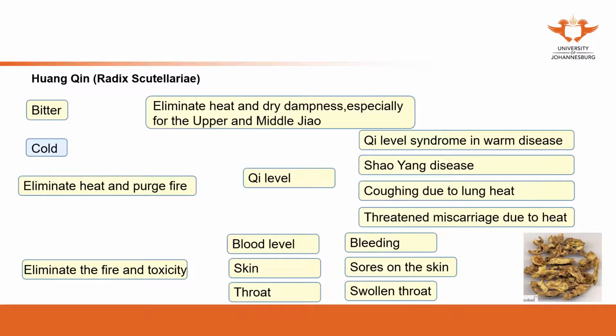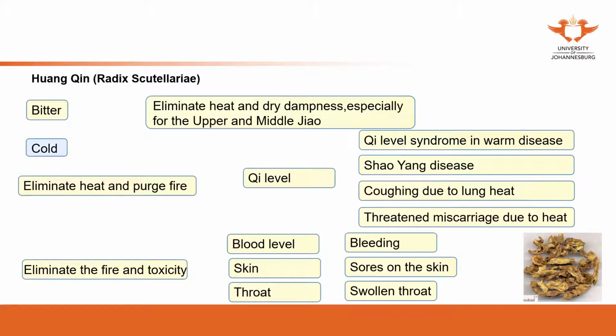黄芩, bitter and cold, eliminates heat and dries dampness, especially in the upper and middle jiao. When we study the materia medica, we compare 黄芩, 黄连, 黄柏. One is for the upper and middle jiao, another for the middle jiao, and the other for the lower jiao. These are the differences among these three herbs.